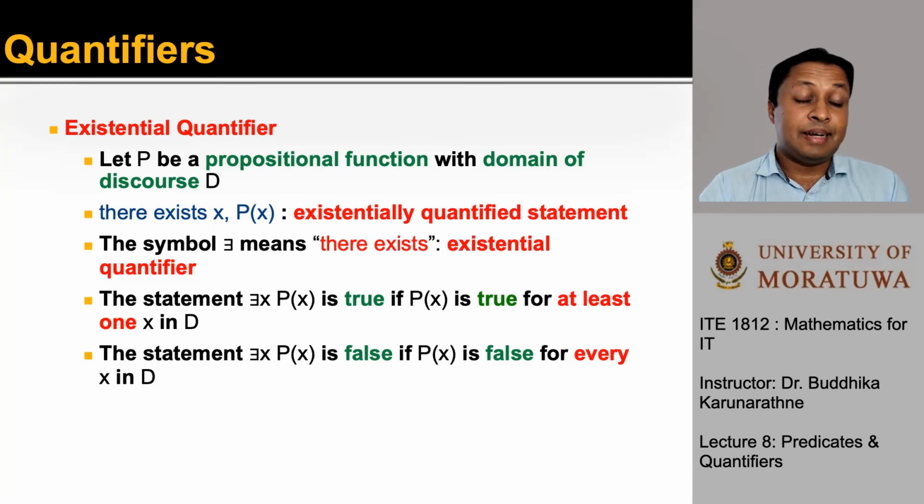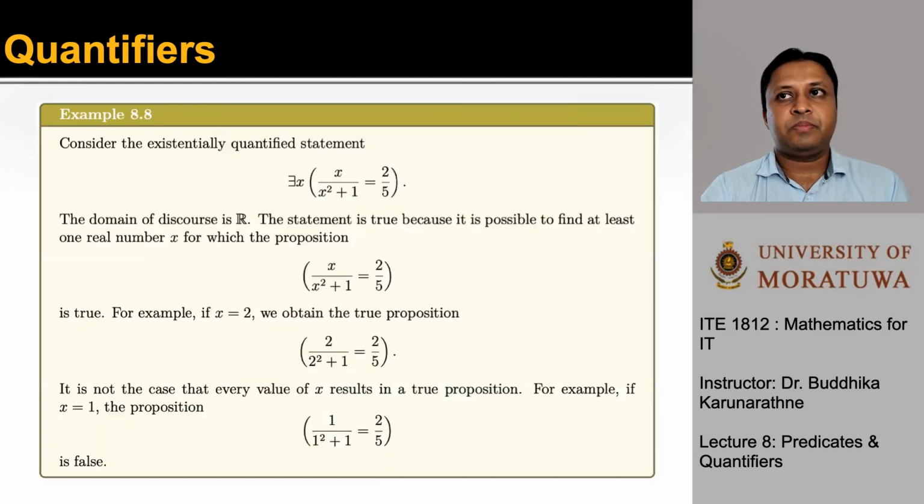If there is at least one value which is true, then the statement is true, because the existential quantifier says there exists. So if there's at least one value, the statement will be true.